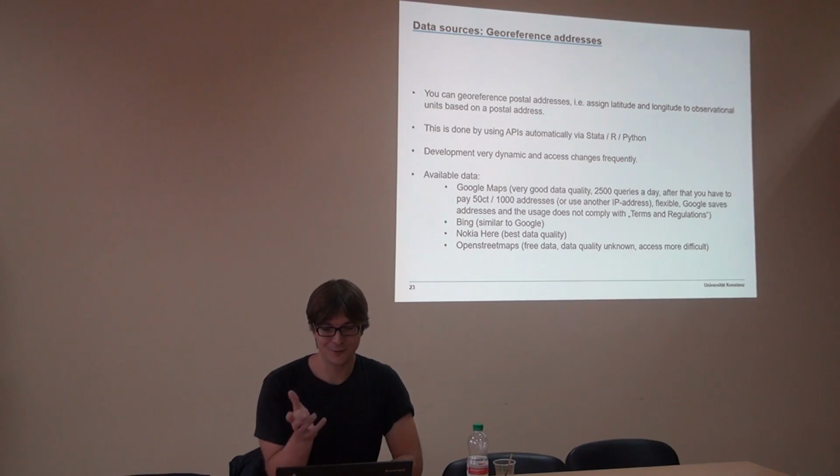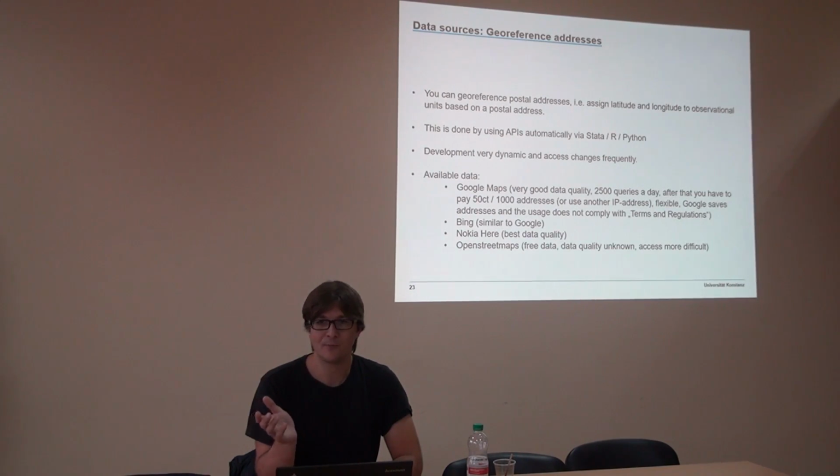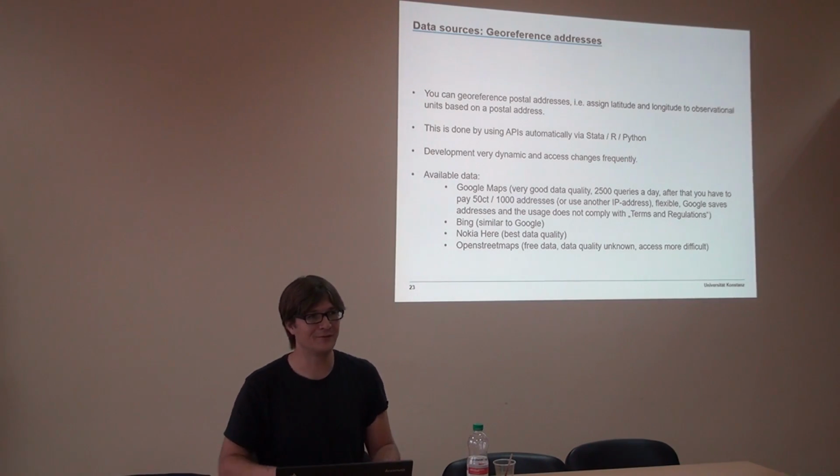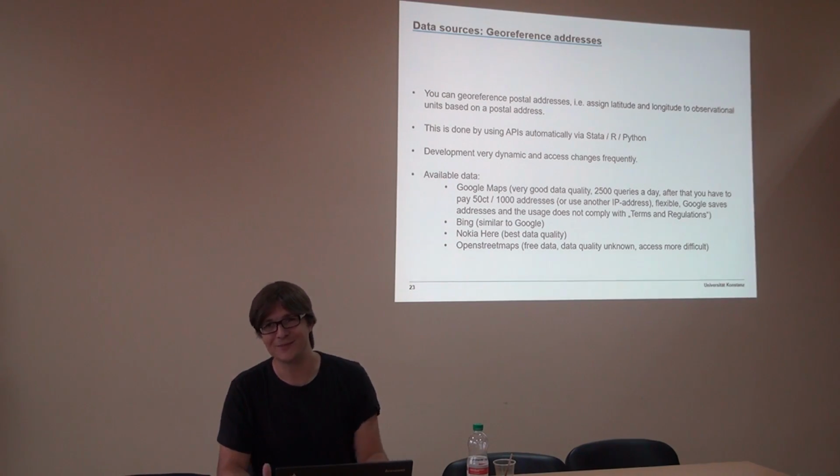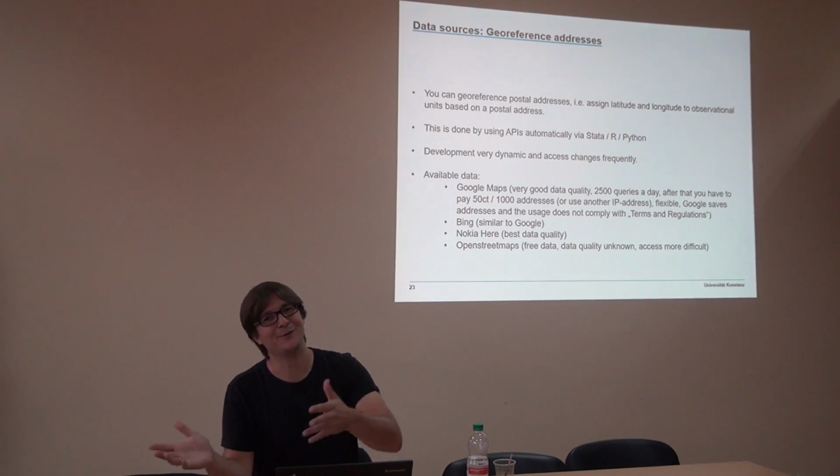Here again, there's Google Maps. They say this is very good data quality, but you only have 2,500 queries a day. For most analyses, that's sufficient. When you have 2,500 addresses a day, then after that you have to change the IP address or the computer, or you have to wait one more day.